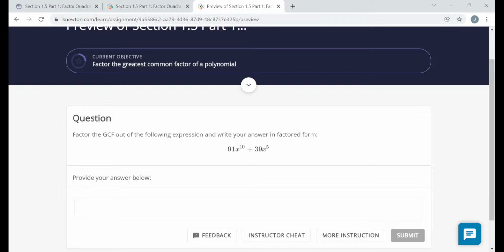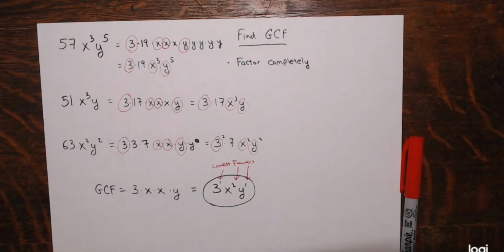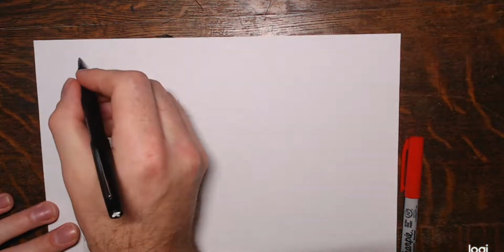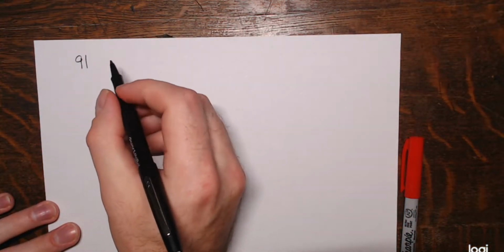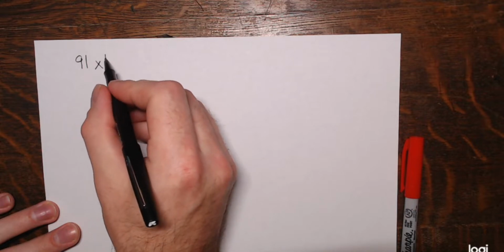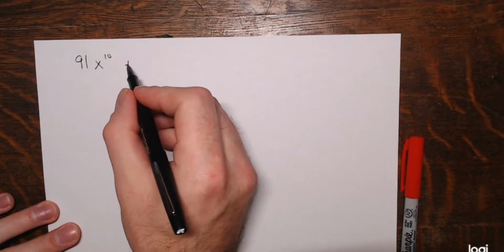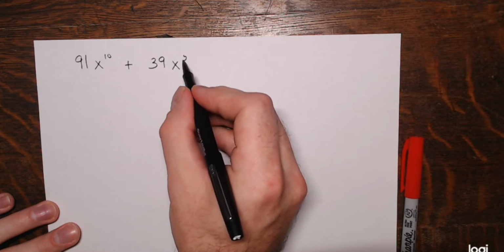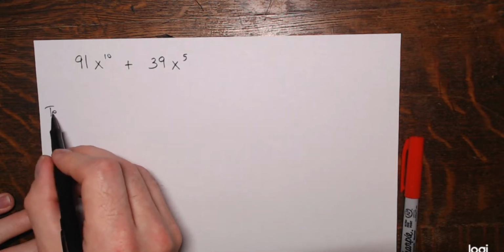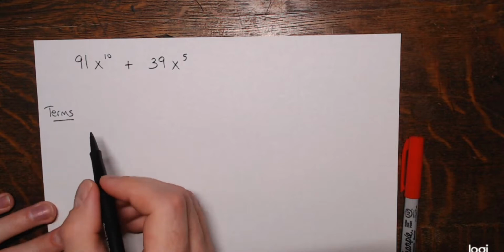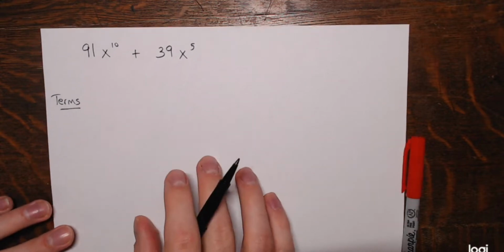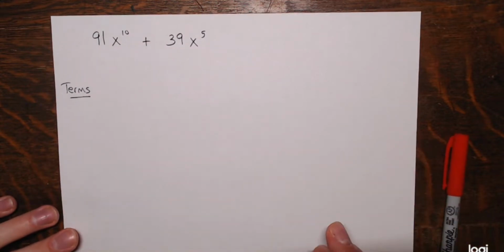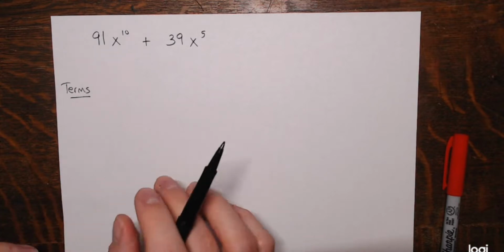Alright, so again, I'm going to go to my paper and write out this problem here. The polynomial we're given is 91 x to the 10th plus 39 x to the 5th, right? So the terms of this polynomial are just the products that are separated by sums or differences, but minus signs are actually part of a term.